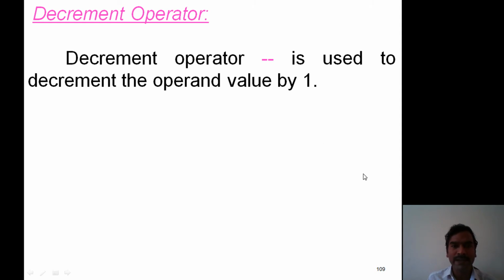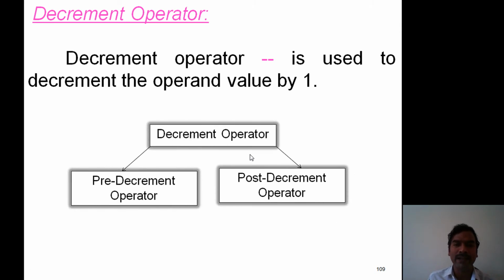Similar to increment operator, here also based on the placement of the operator with the operand, decrement operator can be classified into two types as pre-decrement operator and post-decrement operator. The types of the operations are referred to as pre-decrement operation and post-decrement operation.